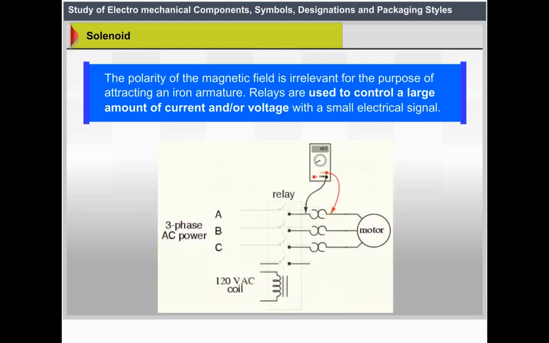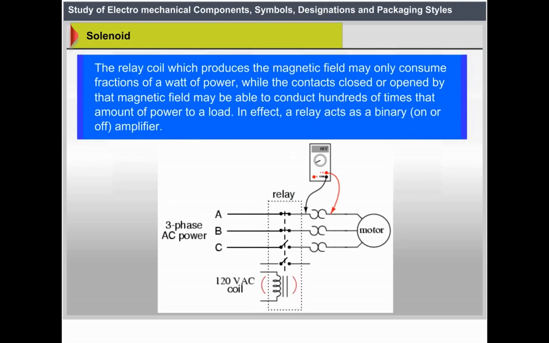Relays are used to control a large amount of current or voltage with a small electrical signal. The relay coil, which produces the magnetic field, may only consume fractions of a watt of power, while the contacts closed or opened by the magnetic field may be able to conduct hundreds of times that amount of power to a load.